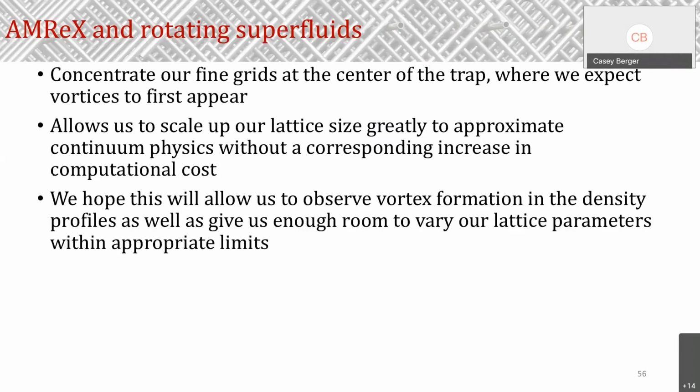We hope that this will allow us to observe vortex formation in the density profiles of the system, as well as give us enough room to vary those lattice parameters within appropriate limits, because the majority of the system is going to be virtually empty. The density of the system is going to be close to zero for most of the physical space. It's really just in the middle where interesting things are happening.